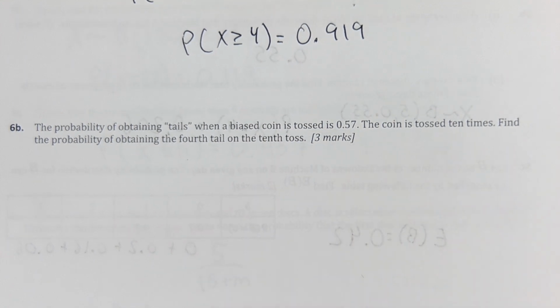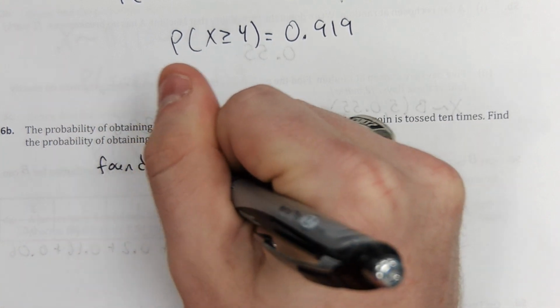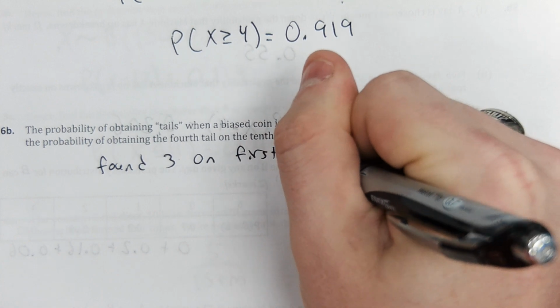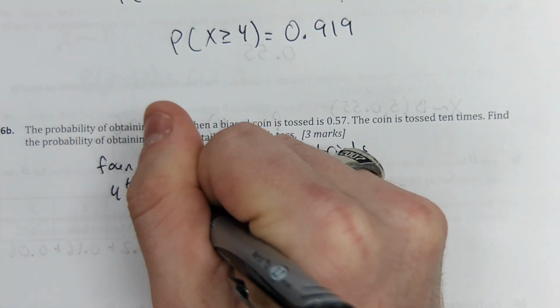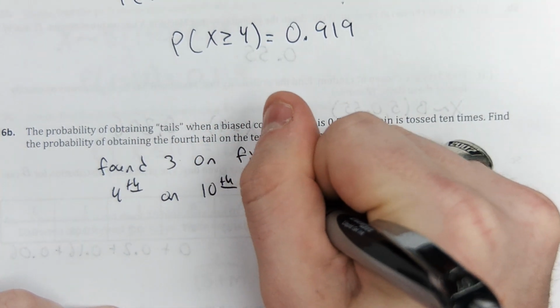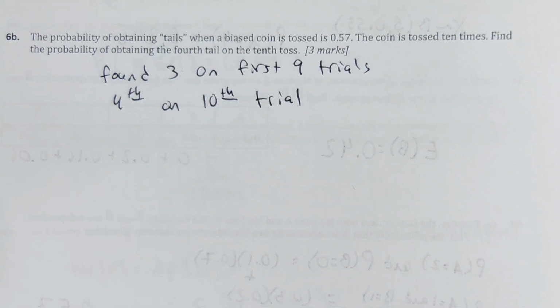So what is that telling us? Right, so we have found 3 on the first 9 trials, and the 4th on the 10th.